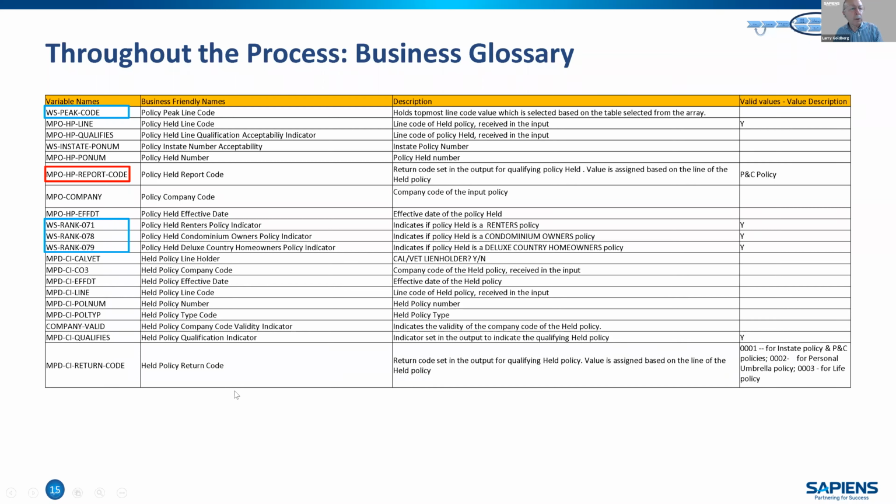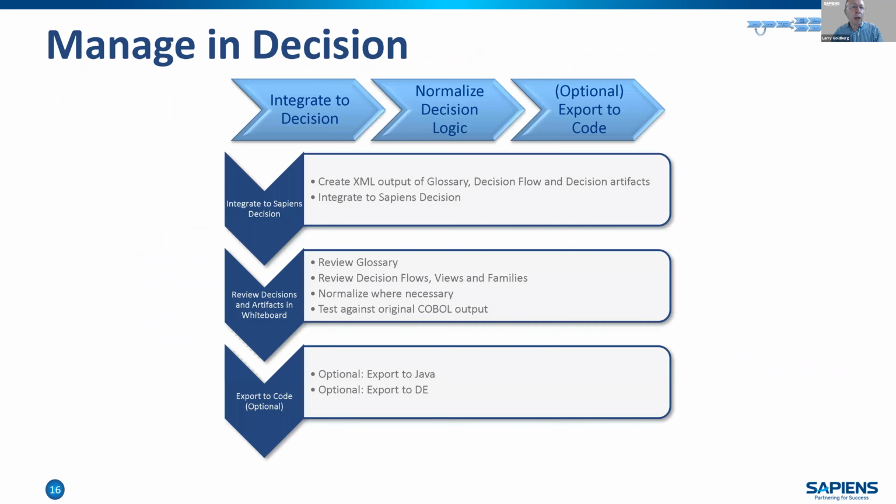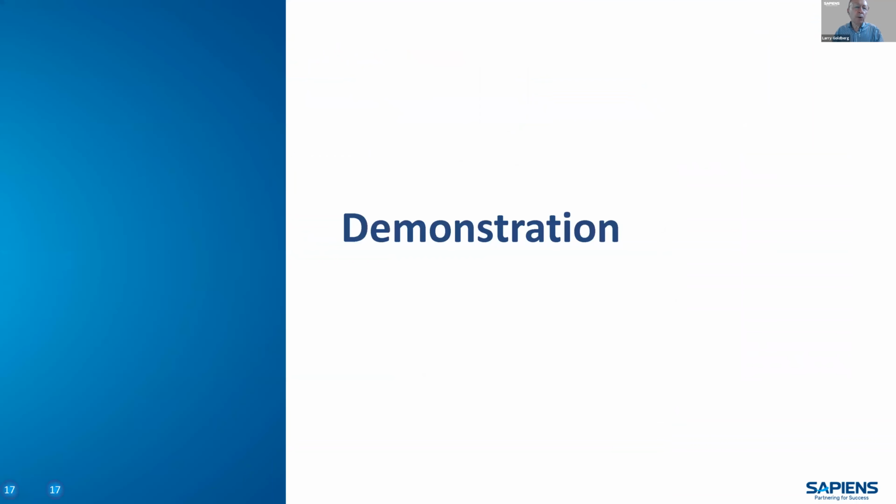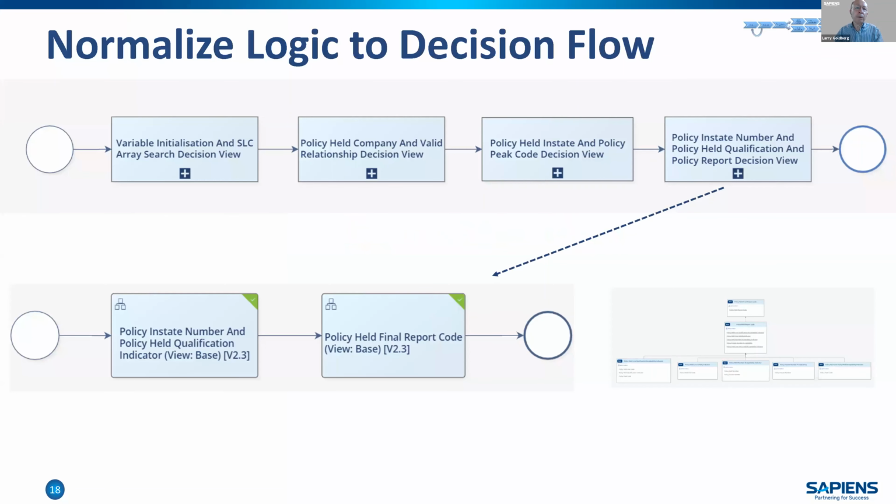What we did is reconstruct that into a business-friendly name using TDM methodology. At this point, it was done manually, but as I've said, we've evolved some fairly automated methods since then. And this is the point at which we are going to normalize that logic that you saw earlier. So we'll take you right into it.